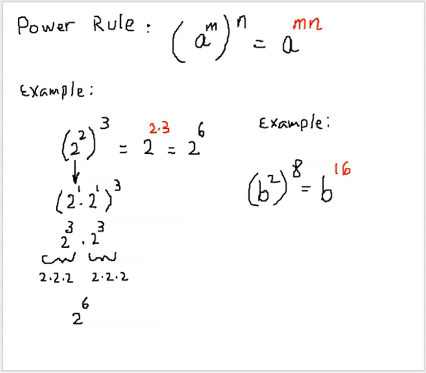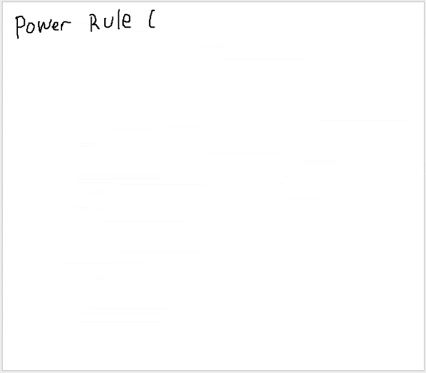Okay, so we're going to look at another one. This would also be a power rule. Let's just call the other power rule A, and we'll call this power rule B. Slightly different, very similar though.